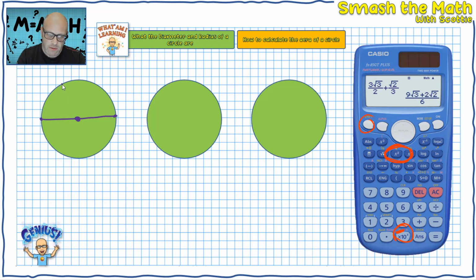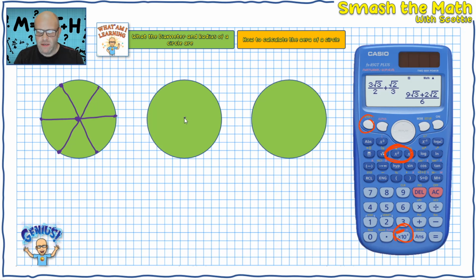The diameter could be, excuse my wiggly lines, from this side to this side, because it's going through the center of the circle. And again, the diameter could be here, because it's going from one side to the other, through the center of the circle. So that's the diameter. It measures the distance from one side of the circle to the other, going through the center.